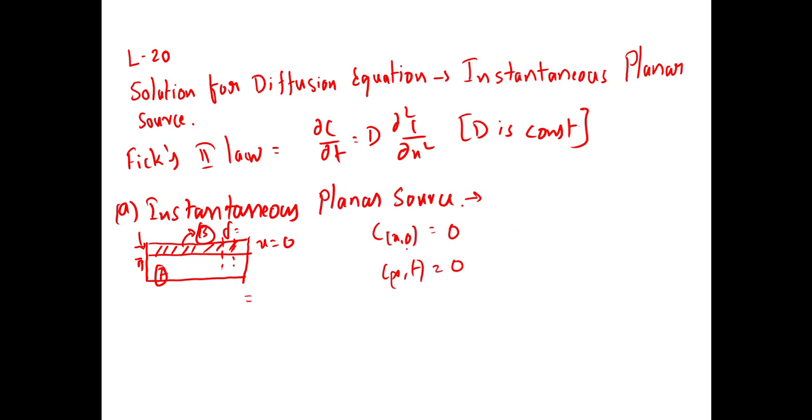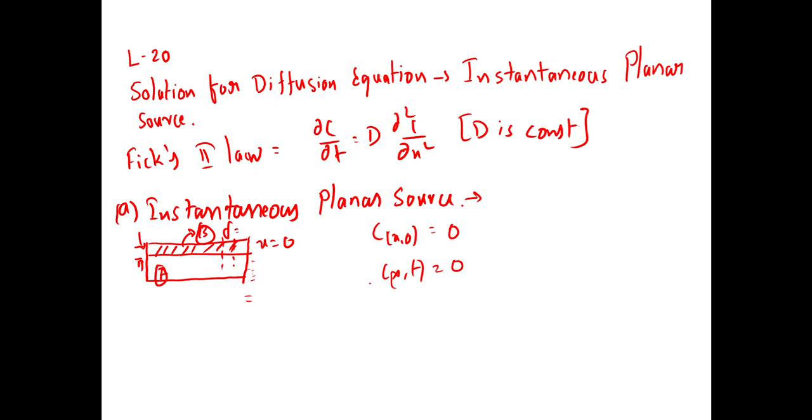This means that initially, that is t equal to 0, there is no diffusion within this substrate material A. If you consider any x position, the concentration of silicon, that is, the concentration of element B, is 0.